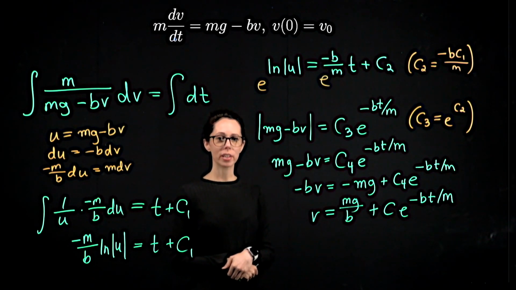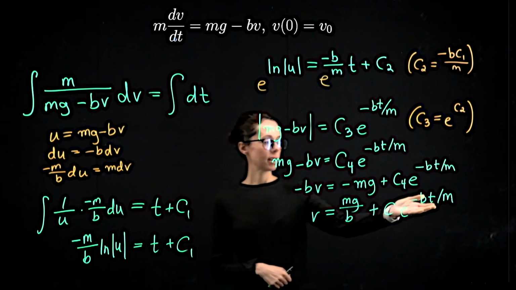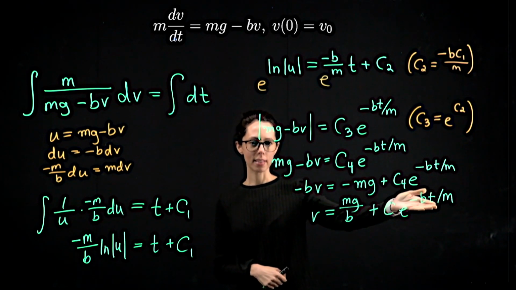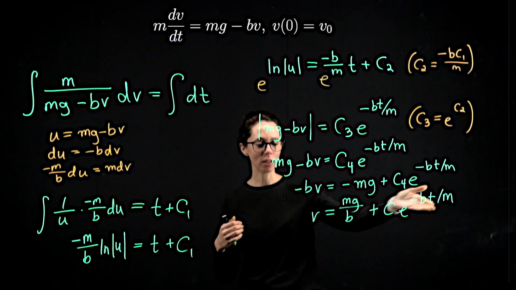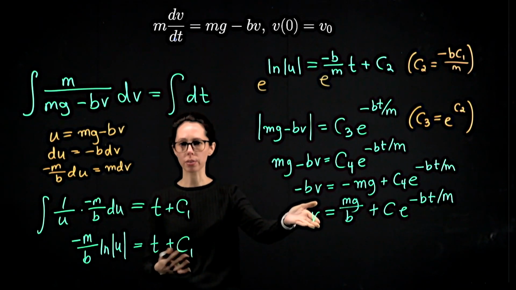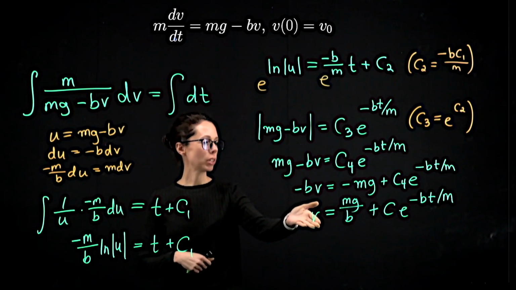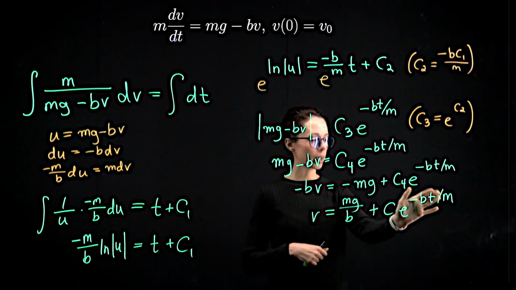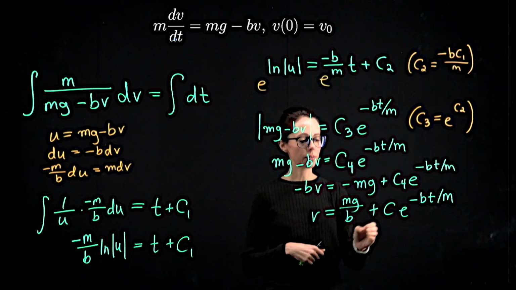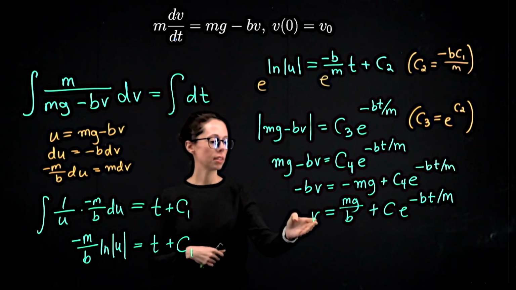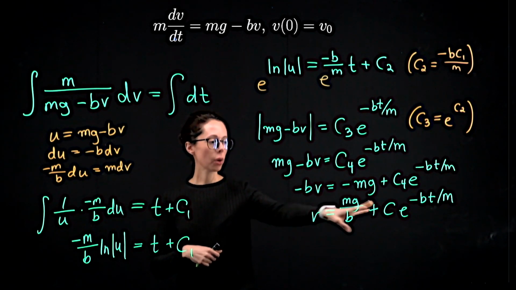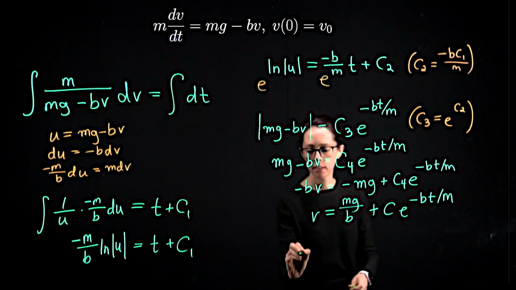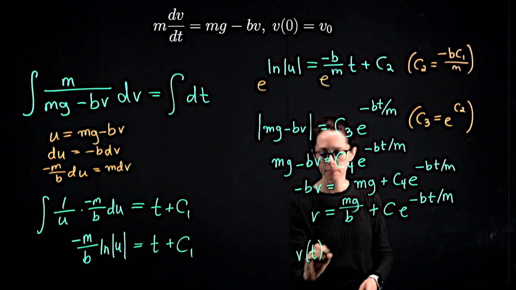To use our initial condition, what we want to do is set t equal to 0 and say that at the moment the falling out of the airplane started, we were traveling with a speed of v sub 0. So that's just some number. And when you do that, e to the 0 becomes 1. So you're left with c equals the initial velocity minus mg over b. I'm going to go ahead and rewrite v now using that.